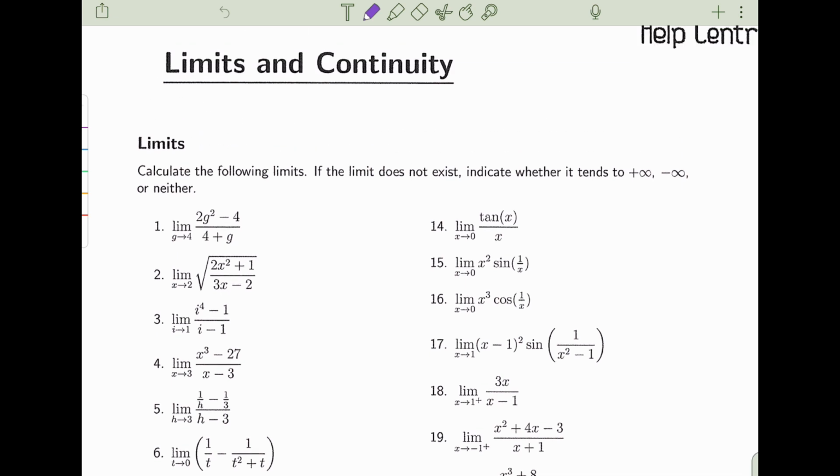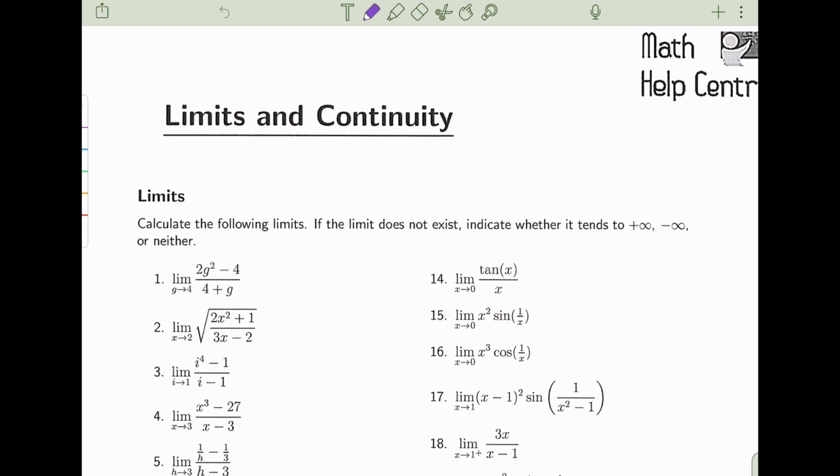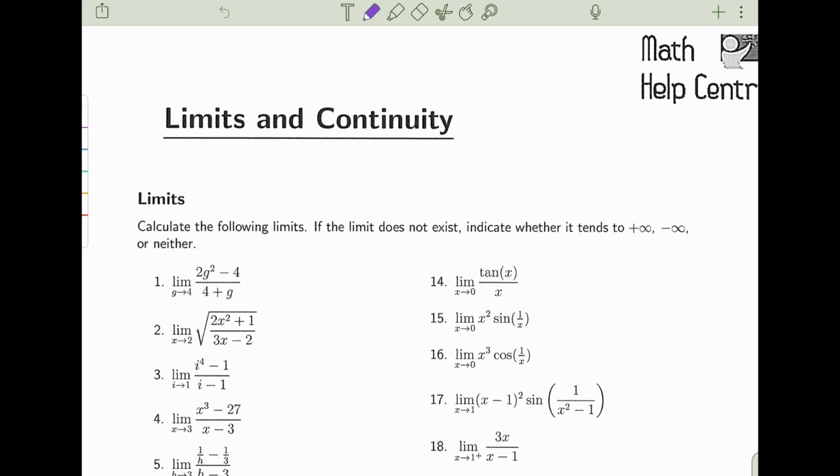You can access this workshop from UM Learn or from the course coordinator Clifford. If you don't have it, just send an email to him. Now let's take a look at question 1.